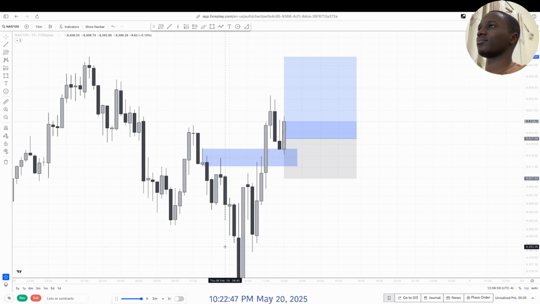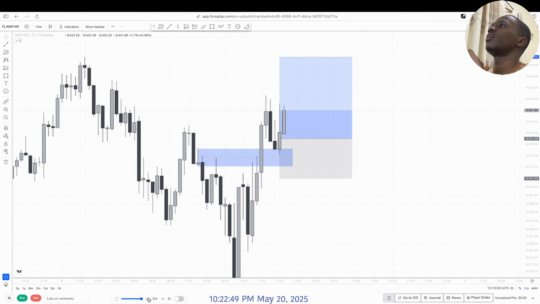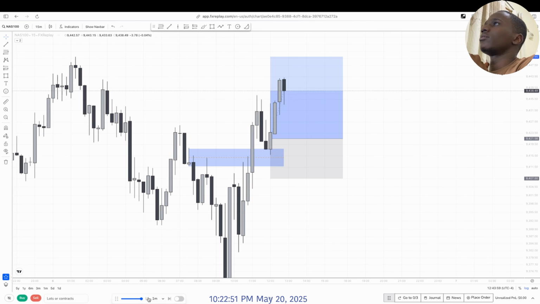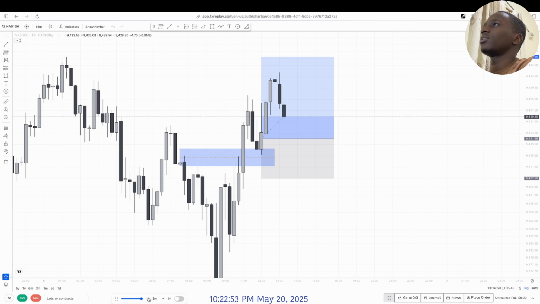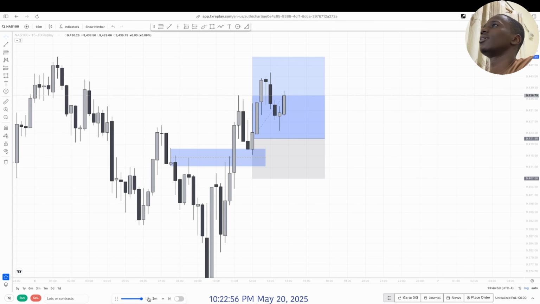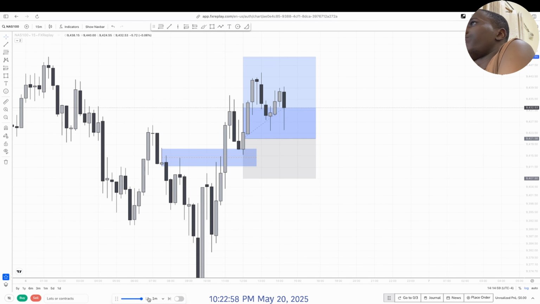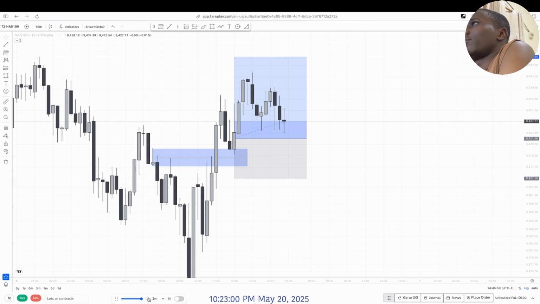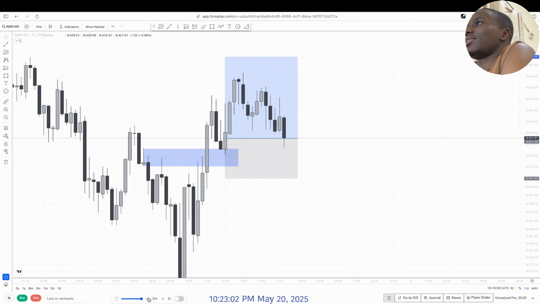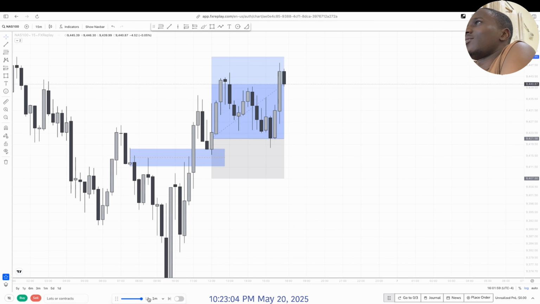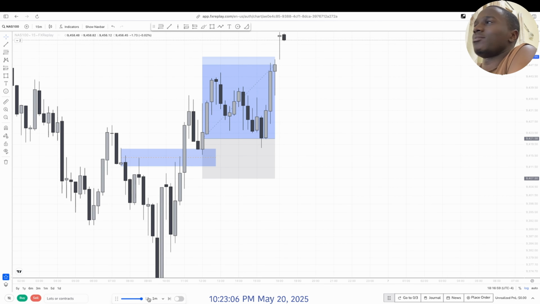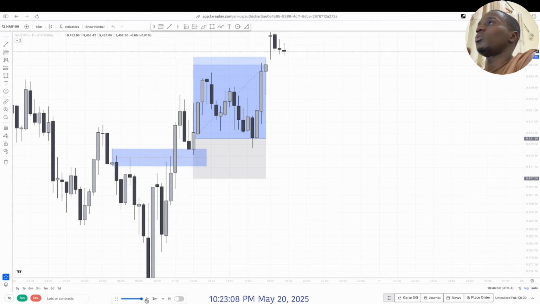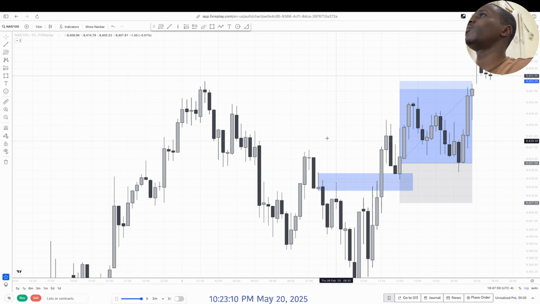Let's see. Okay, push. Oh, it's taking long now, and it's starting to take long. I see that it really wants to try to get the equal highs. Did we take out the equal highs?